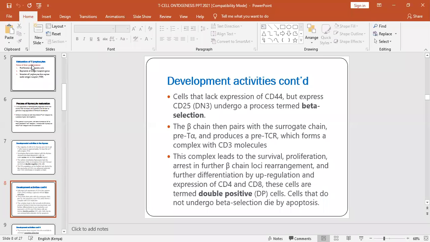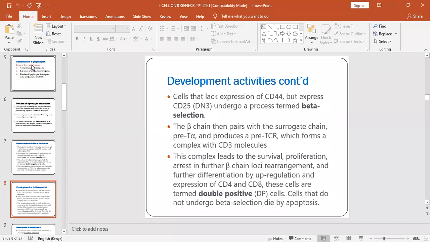At this stage, the cells are still developing, but it's just to recognize what is happening in terms of their outer or surface antigens. Now, the complex leads to survival, proliferation, arrest, and further alpha gene rearrangement. And that means there's a continuous process of gene rearrangement as the cells grow and interact with the host environment, and it has implications on the signal that is developed towards the development.